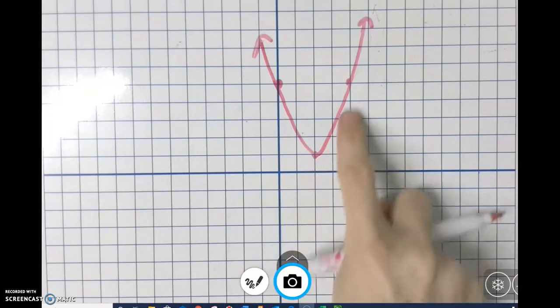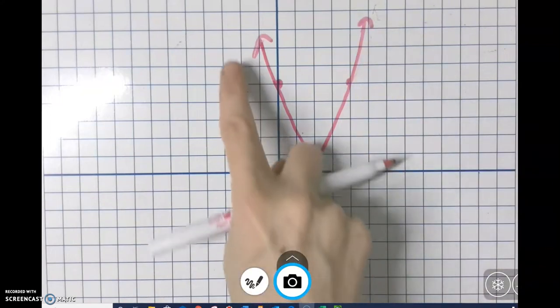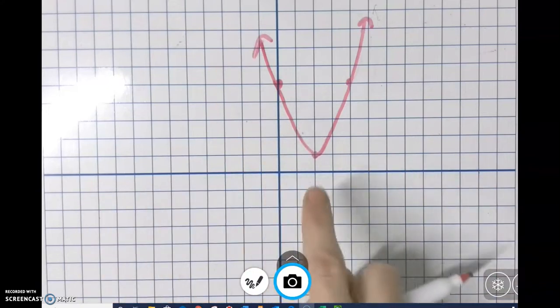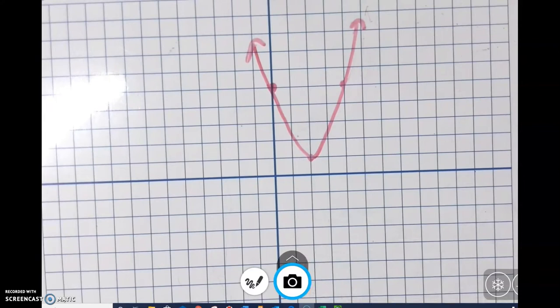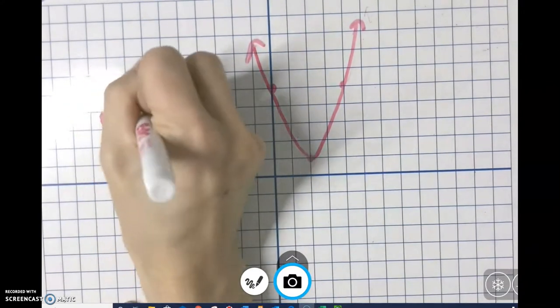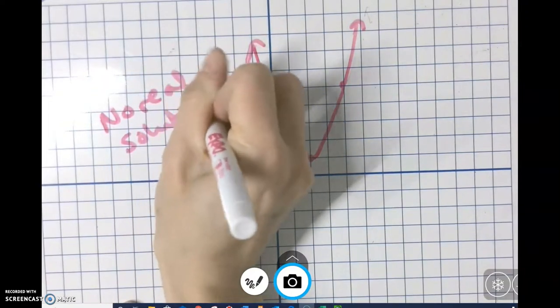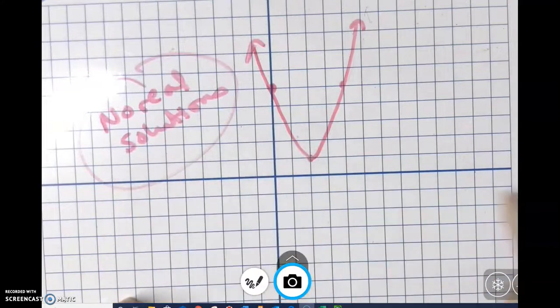It's going in an upward direction here, see it? And it's never going to pass my x-axis. Therefore, my solutions are no real number solutions. So I would write no real solutions for my answer because it doesn't intersect the x-axis. This one can't be solved. It's just no real solutions.